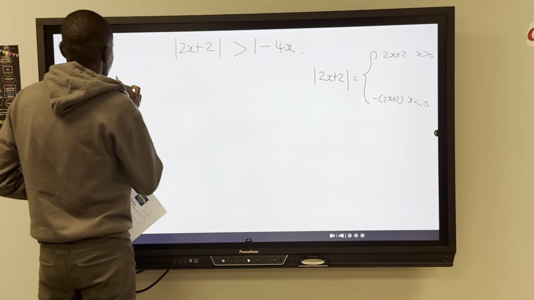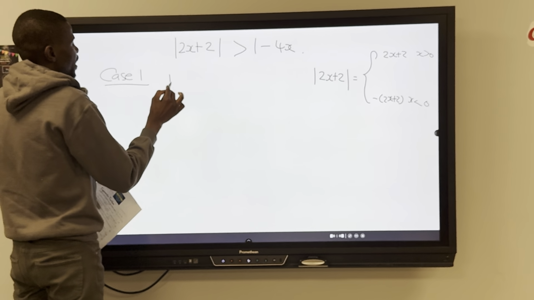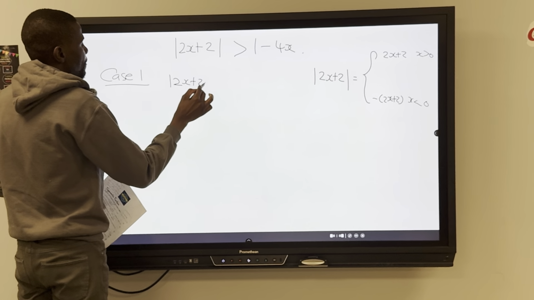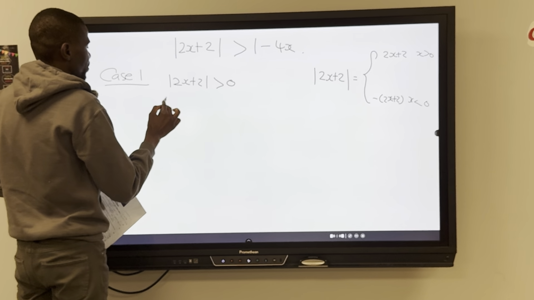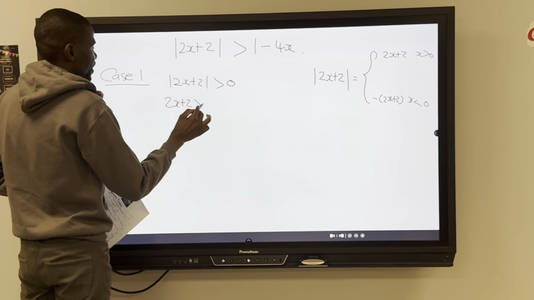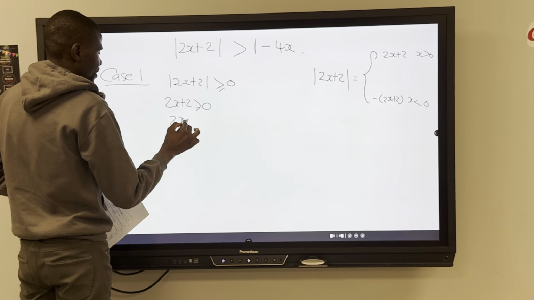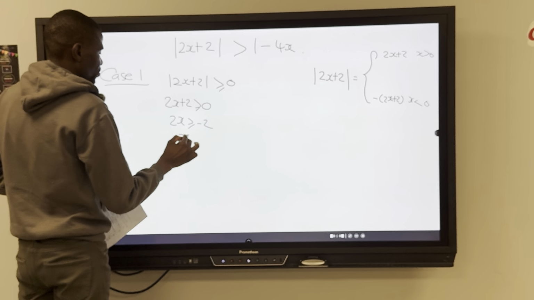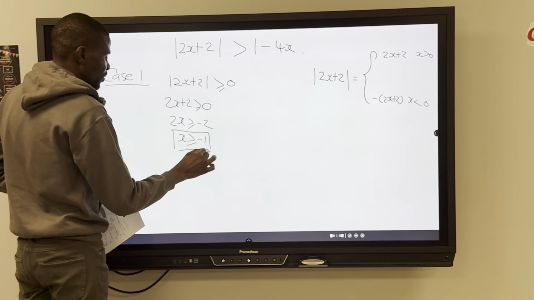Okay, so first case is when the expression inside is greater than or equal to 0. So we have 2x plus 2 greater or equal to 0. So 2x is greater or equal to negative 2. So x will be greater or equal to negative 1. That is the condition here, right?